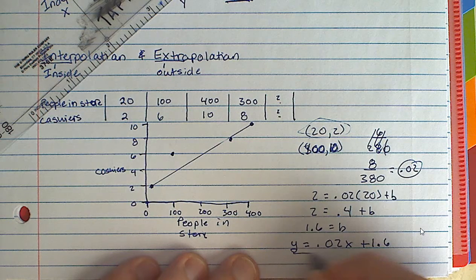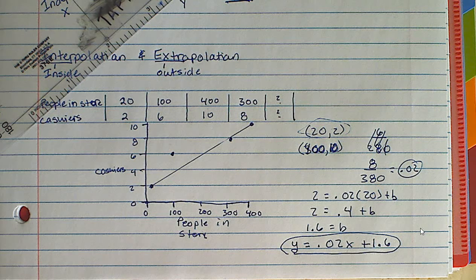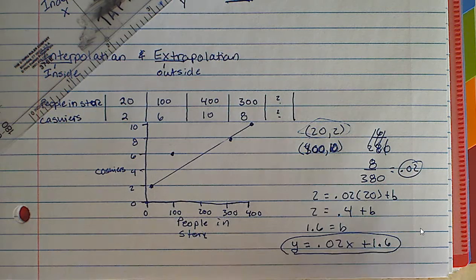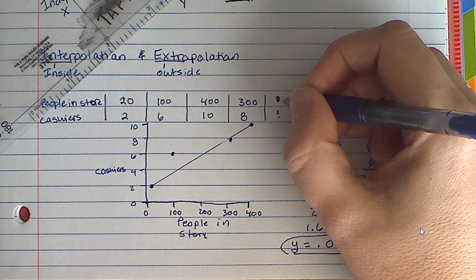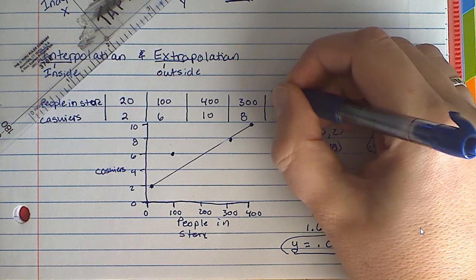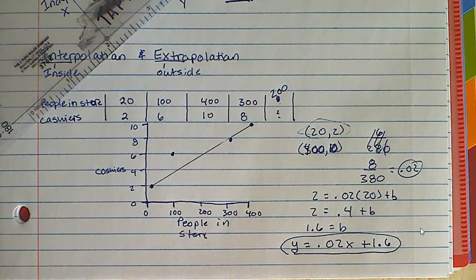So this is my line of best fit is what it's called. Now, let's say that I get some information in that tells me that my computer spits out a prediction amount, and my prediction amount tells me I'm going to have 200 people come in at that point in time.